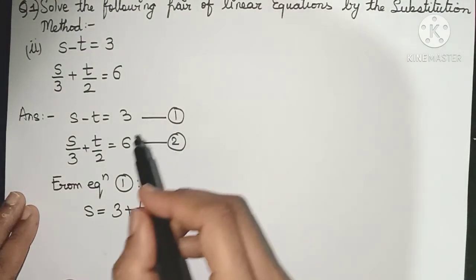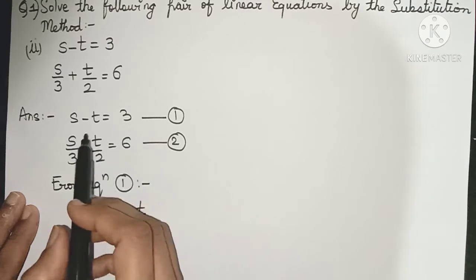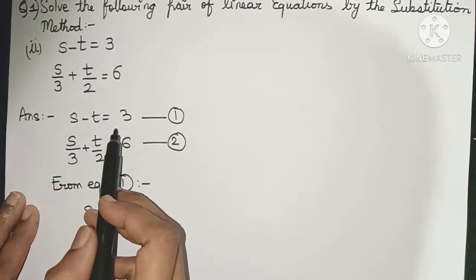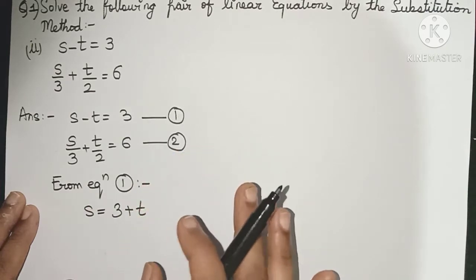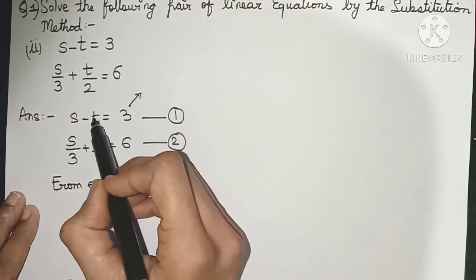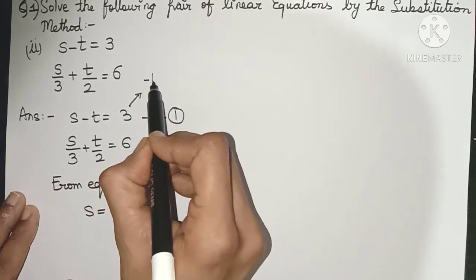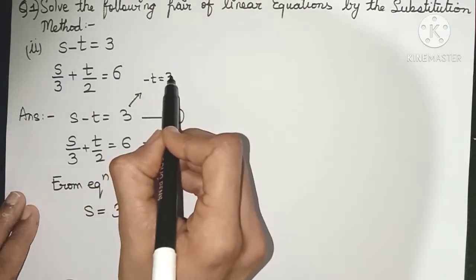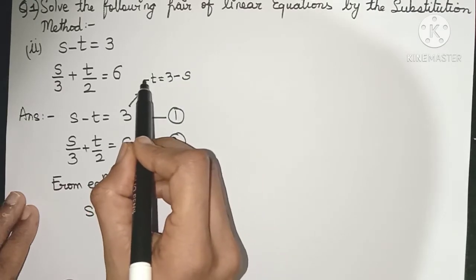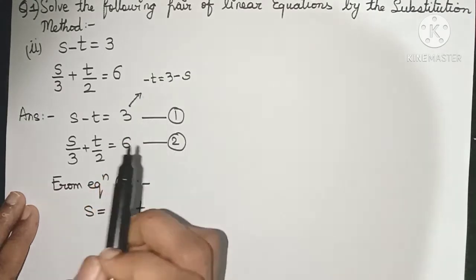Now on the other hand, you may ask me, can't I bring t on one side and bring s to the other side? Yes, you can do that. You will get the correct answer. You keep t on one side, and you bring s on the other side, and then you can multiply throughout by minus sign.